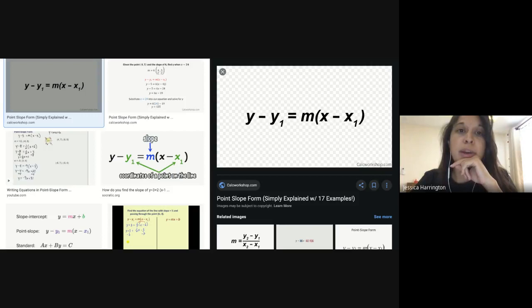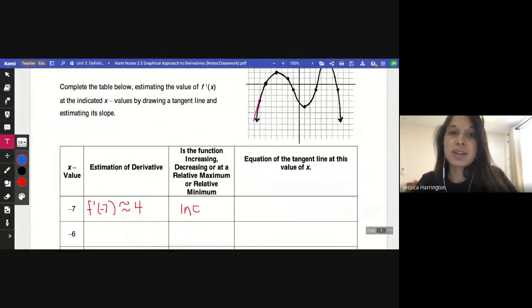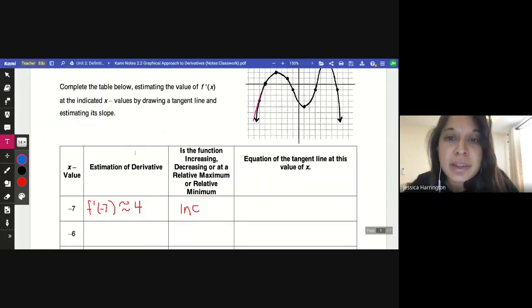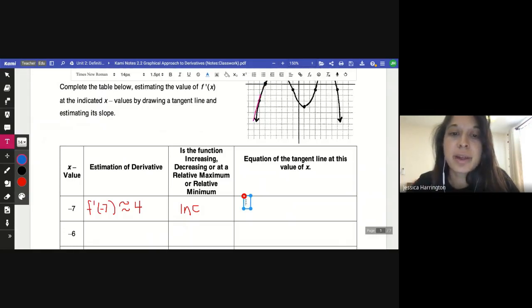So if I had to write an equation for this tangent line, I'm estimating the slope is 4, and I have the point -7, -3, right? So I could write my equation of the line in point-slope form as y minus y1. Well, y1 is -3, so that's y plus 3, because y minus -3 is y plus 3.